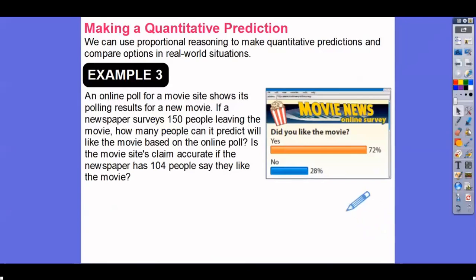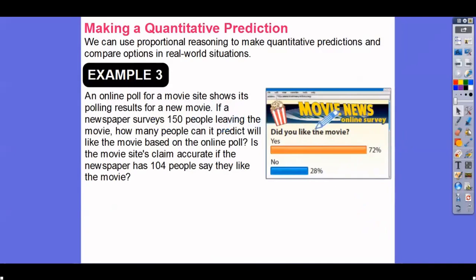If a newspaper surveys 150 people leaving the movie, how many people can it predict will like the movie based on the online poll, if the movie site's claim is accurate? If the newspaper has 104 people say they like the movie.